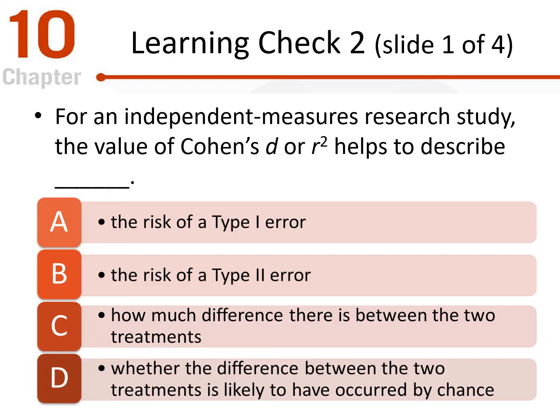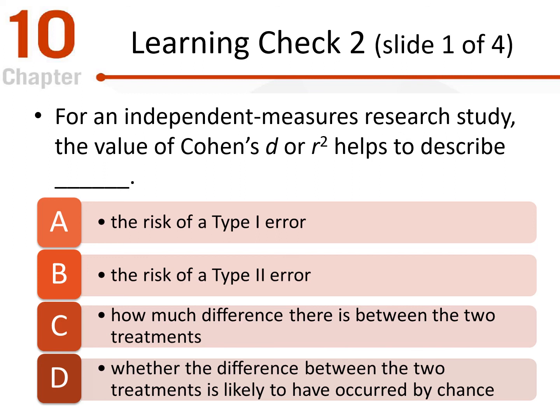Let's look at another slide here. For an independent measures research study, the value of Cohen's d or r-squared helps to describe what? Well, it has nothing to do with type 1 or type 2 error. That's p-value, right? That's sample size. Would have a lot to do with that.